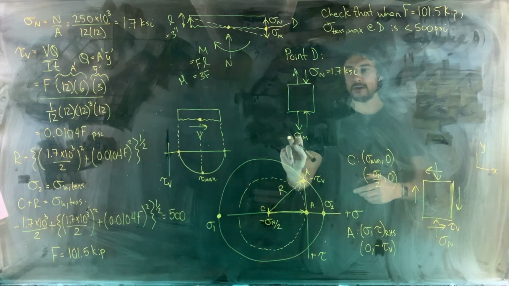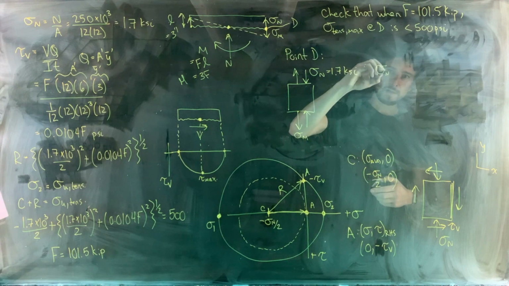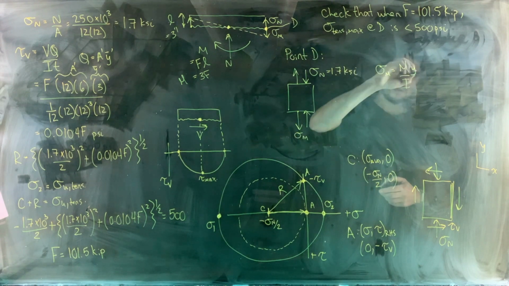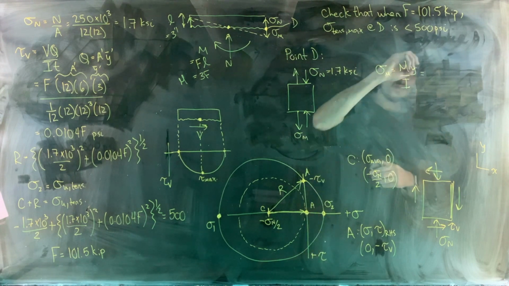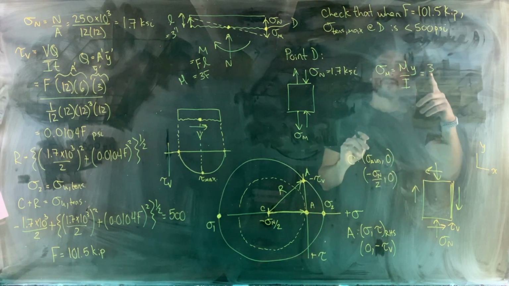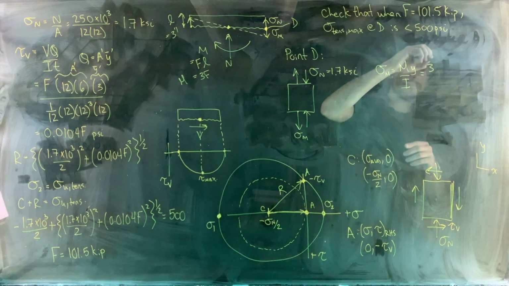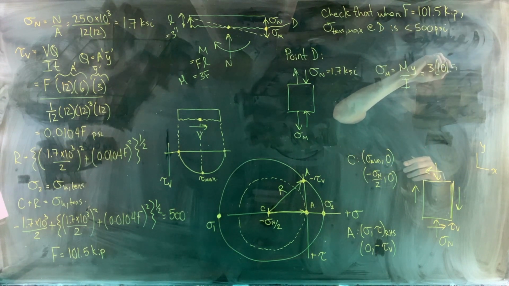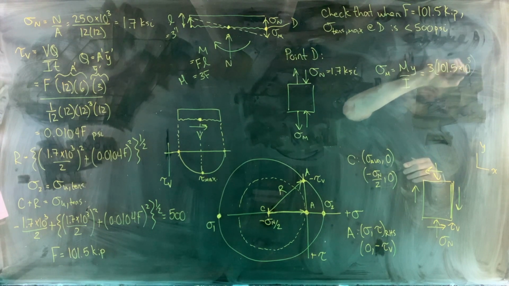So then the normal stress here, sigma M equals My over I. Our moment is going to be 3 times the value of F, and we said F was 101.5 times 10 to the 3.